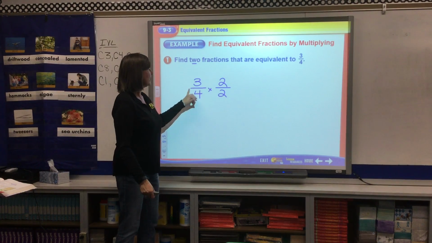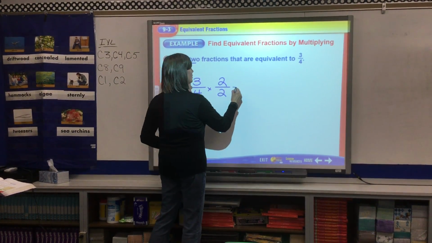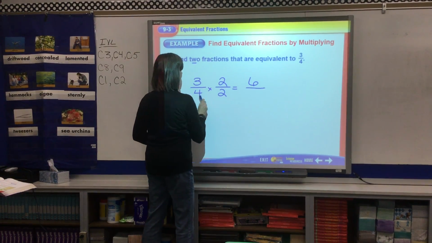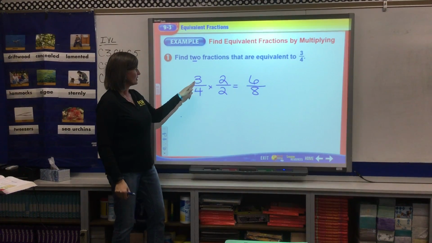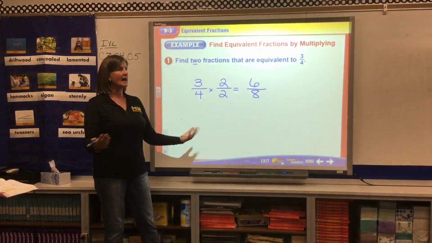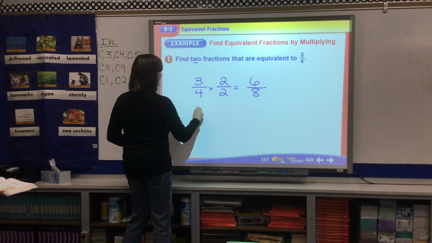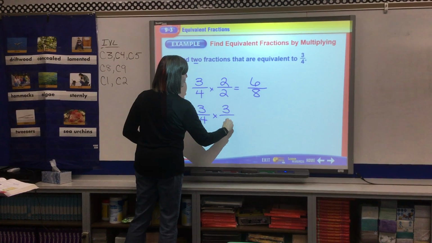In this example, I'll multiply my numerators together. 3 times 2 equals 6, and 4 times 2 equals 8. So what that means is 3/4 is equivalent to 6/8. Now I pick another number. I'm going to take 3/4 and I'm simply going to multiply it by 3 over 3.